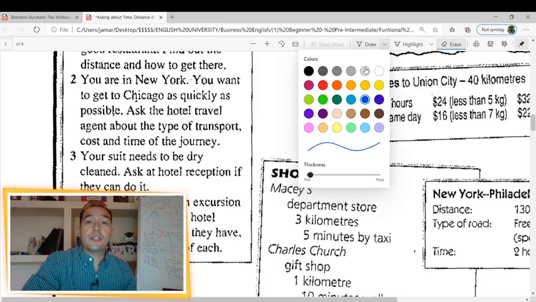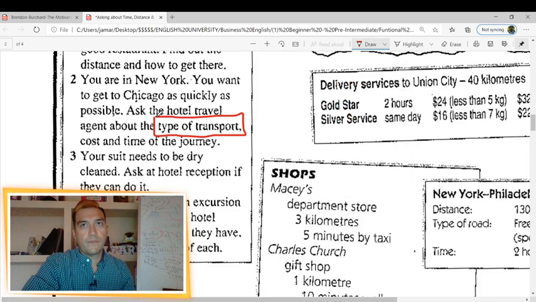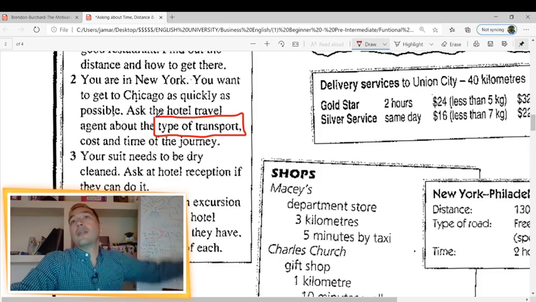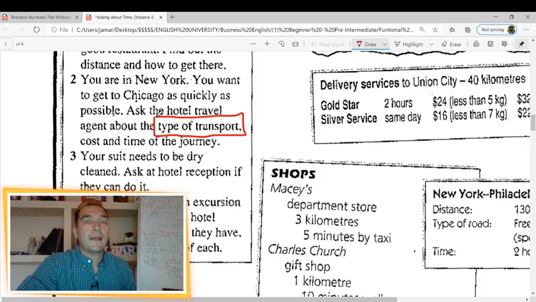Okay, the first question was the type of transport. Repeat your question, please. What type of transport do I get to go to La Paz? Perfect. So your clients will ask you, hey, Araceli, what type of transport do I get to go to La Paz, correct? And what do you answer? Let's go in reverse. To go to La Paz.